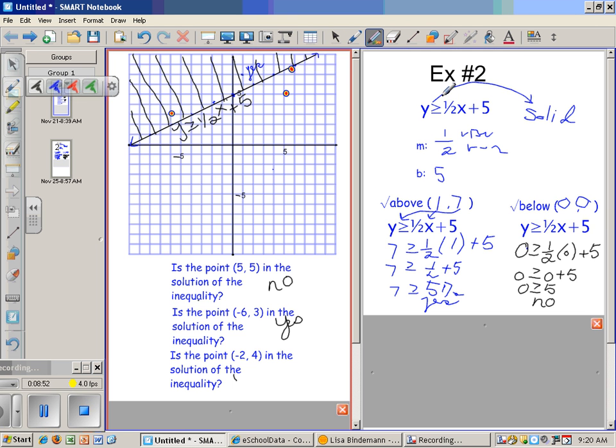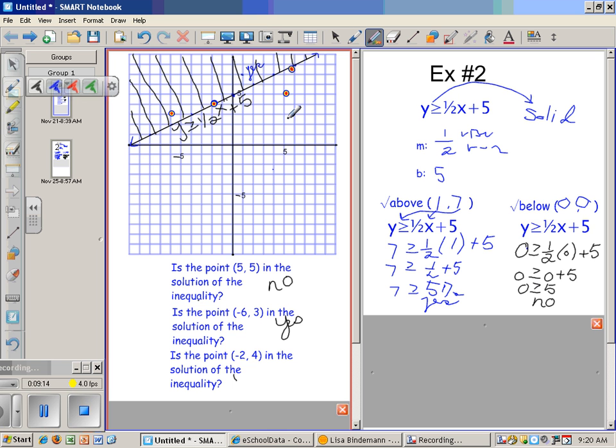This point, (-2, 4), is right on the line. So what do you think? Is it part of the inequality or not? If the line is solid, it's saying that all these points along the line will all work.